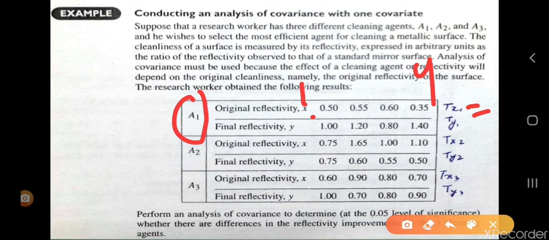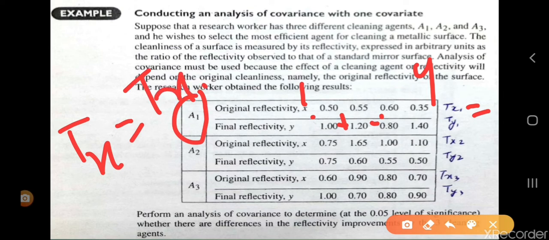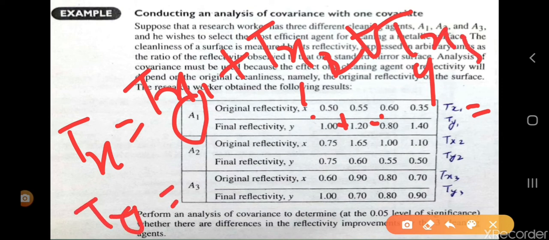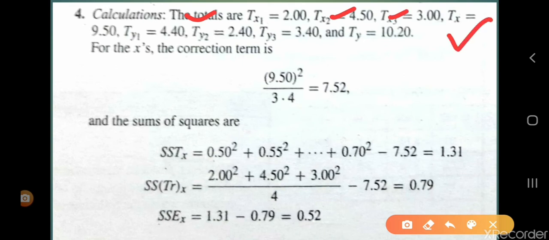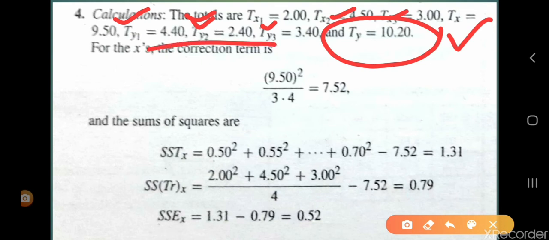Similarly, TY1 will be given by adding all these values. Total TX will be equal to TX1 plus TX2 plus TX3, and TY will be TY1, similarly TY2 and TY3. So this is TX1, TX2, TX3, and total TX is the summation of TX1, TX2 and TX3. Similarly TY1, TY2 and TY3, and total TY will be the sum of these TYs.